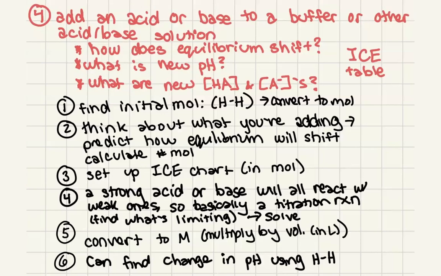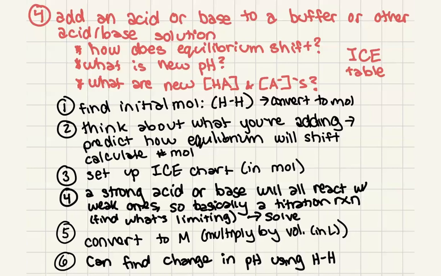We're going to need to figure out how many moles we have in there originally. Or at least I'll show you an alternative where we can figure out the final molarity in terms of just diluting it, not considering it reacting. But when you have a strong acid or a strong base, basically all you're going to get is a titration reaction to start with.